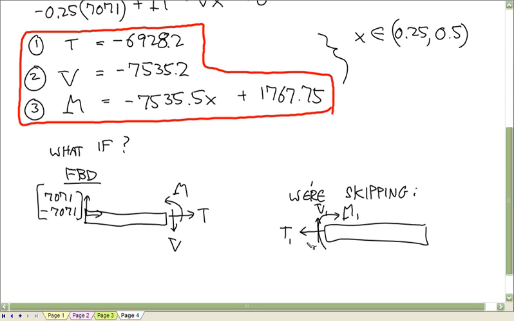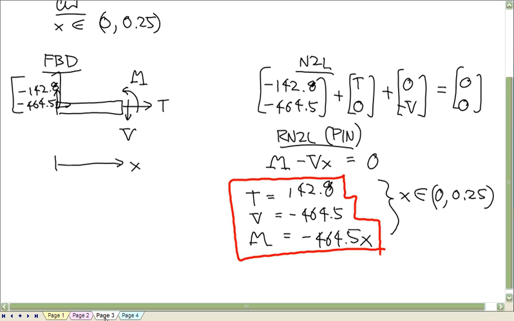And that's why what you could do is go from the right side instead of the left side. Or if you wanted to be really tricky, and being tricky a lot of times makes things really hard for yourself, you could go back to this formula we just found here. These are the T, V, and bending moment that are valid from 0 to 0.25, right?